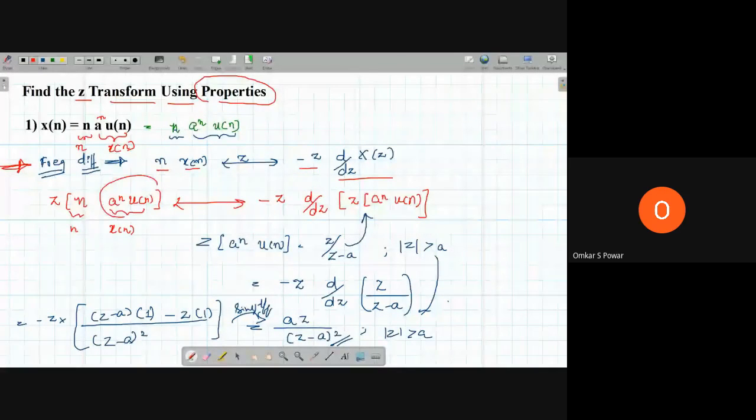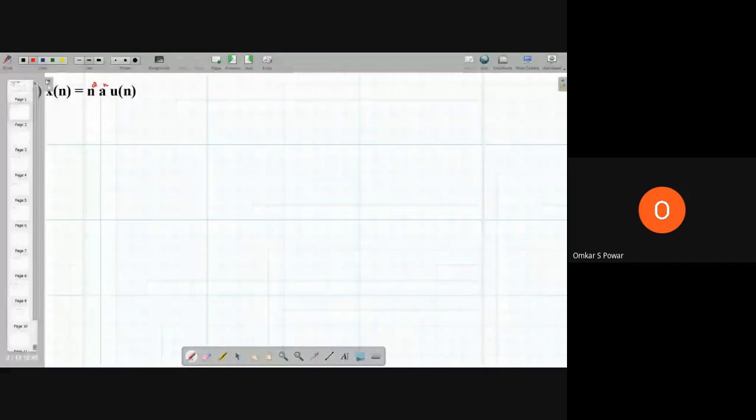So x of n is a power of n u of n. We know previously we have solved the Z transform of a power of n u of n is z by z minus a, provided mod z is greater than a. Substitute that, differentiate, and you will get the answer. It is simple. You just have to remember the properties in mind and apply them here.